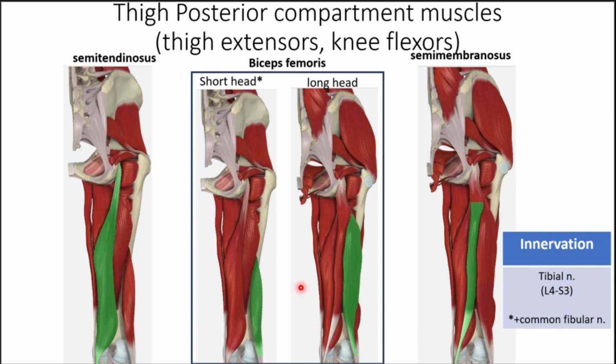Muscles in this posterior compartment include the semitendinosus, the biceps femoris, which has a short head and a long head, and the semimembranosus.